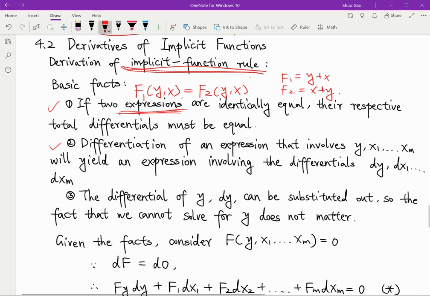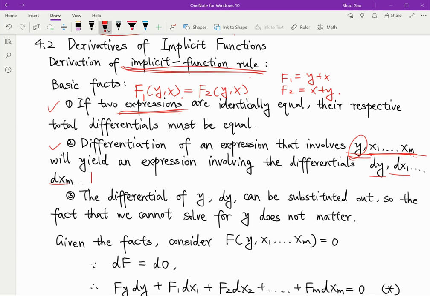And the second fact: differentiation of an expression that involves y, x1 to xm. So y is the dependent variable, and x1 to xm are independent variables. So here we have an expression that involves one dependent variable and m independent variables. Differentiation of the expression involving these will yield an expression involving the differentials dy and then dx1 to dxm.